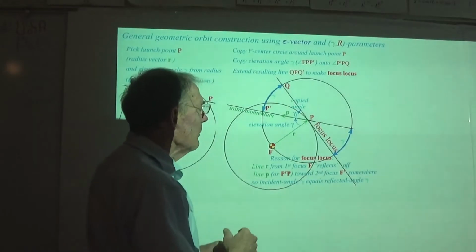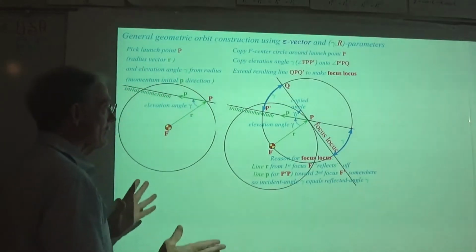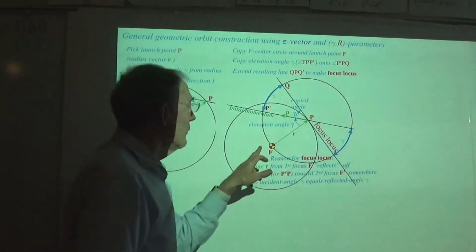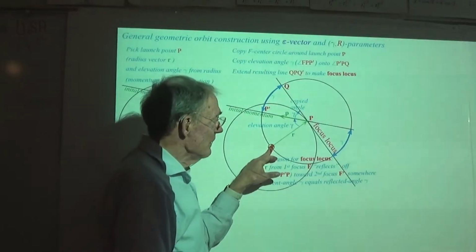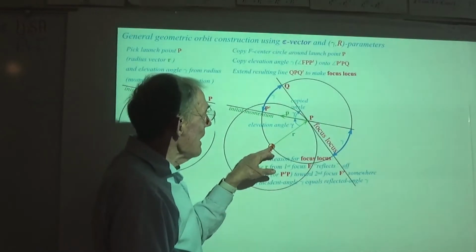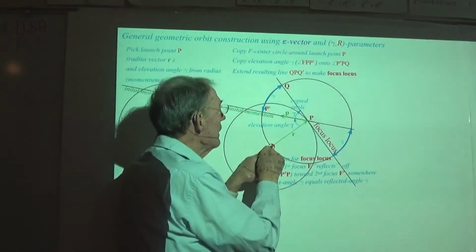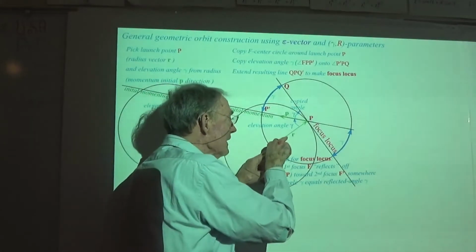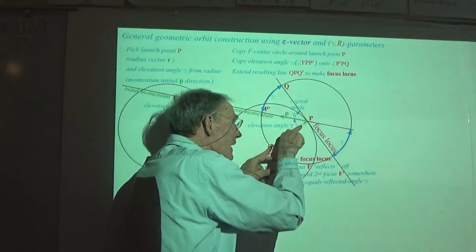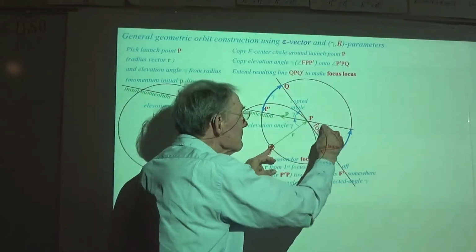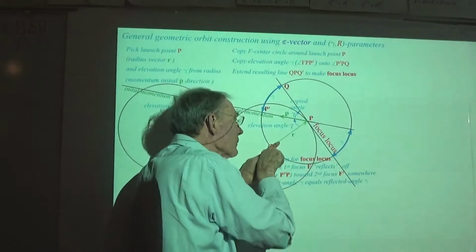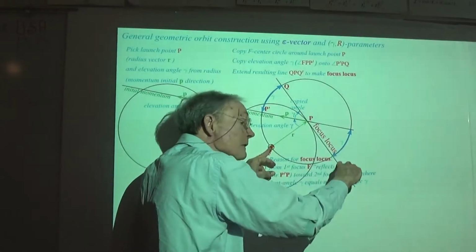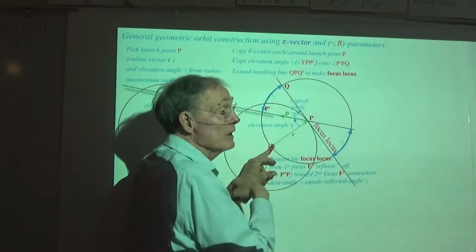Now, why is this the focus locus? We know this is a focus. So the question is, what happens when I come up? Let's imagine I have a ray of laser pointing at this line, and it's a mirror. It will bounce off. That's why I copied the same angle.